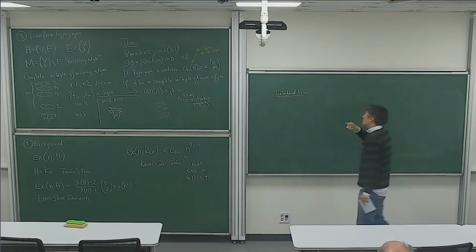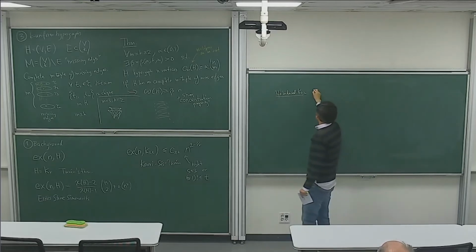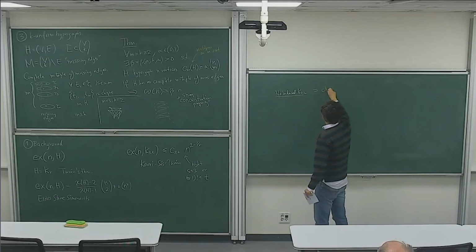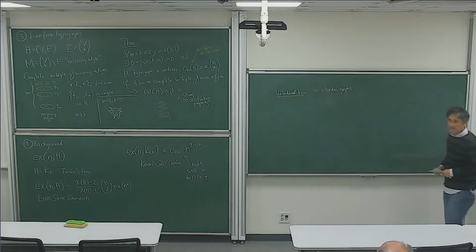Now, one subset of graphs with no induced K22 are things called chordal graphs. These are graphs whose smallest induced cycle has length 3.